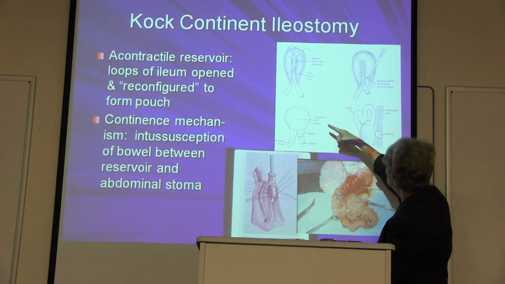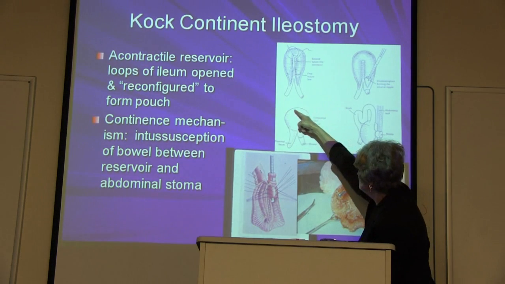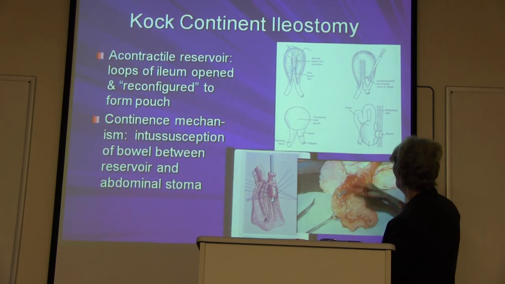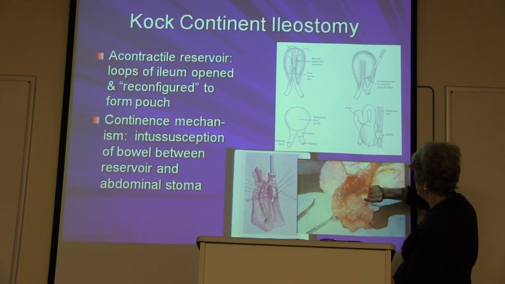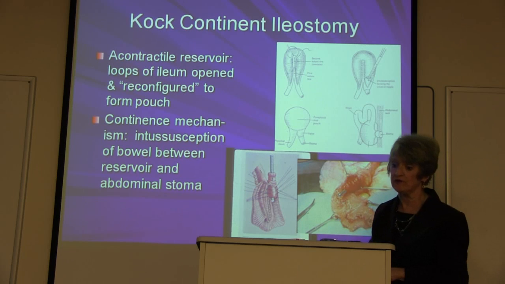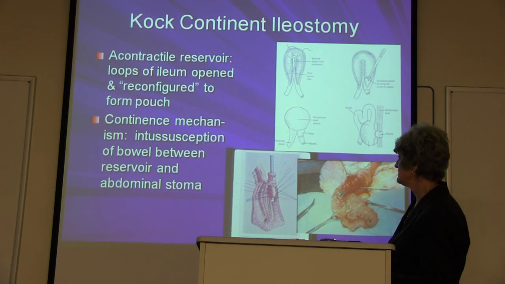Once they've done that, they fold the bowel down on itself so it becomes a closed pouch. So now stool drains into the reservoir and is trapped there until we pass the catheter and drain the stool out.